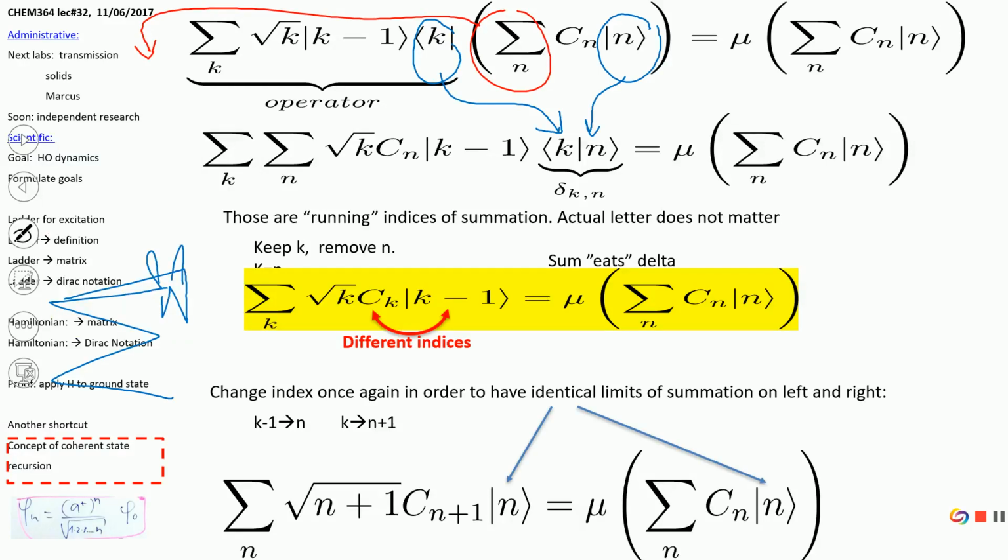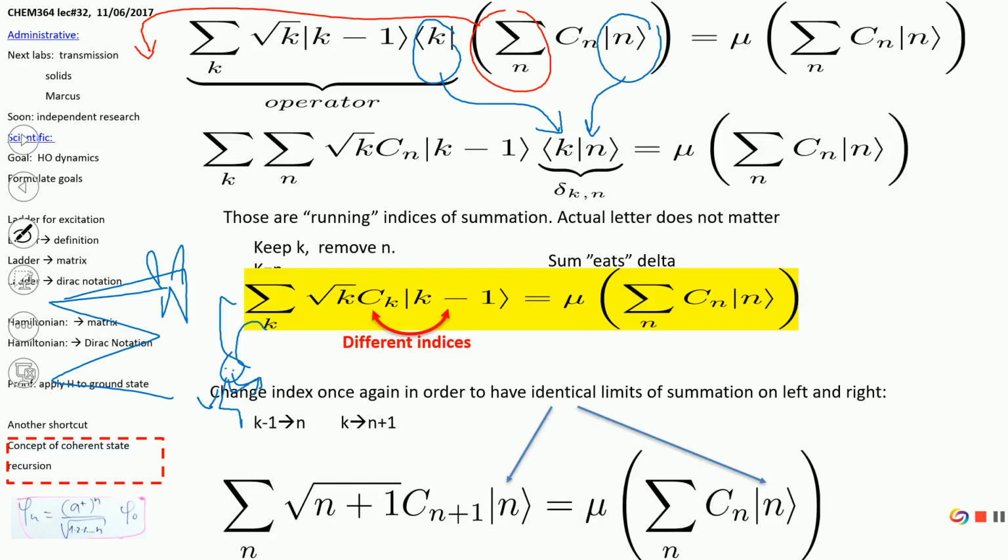Yes. So we cancel each other, and we will have one summation less and no delta function.